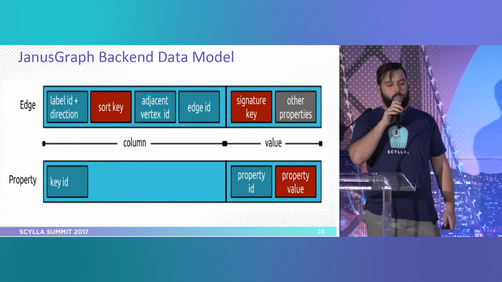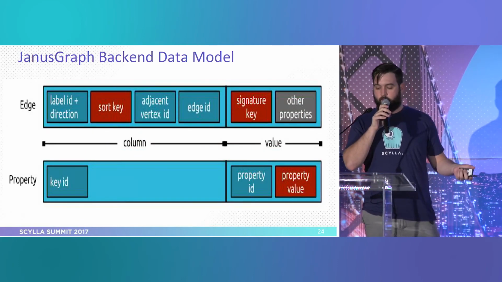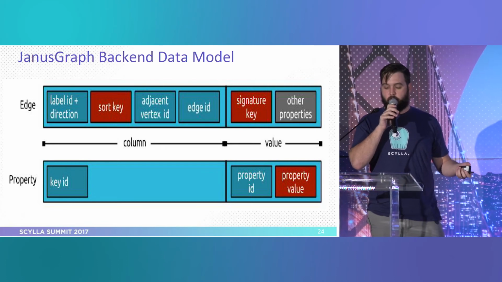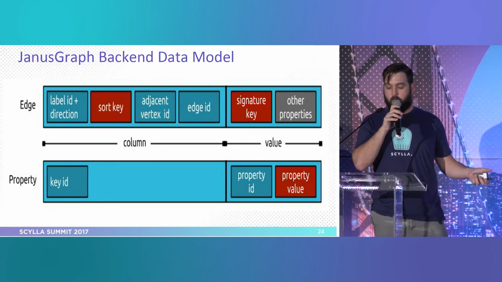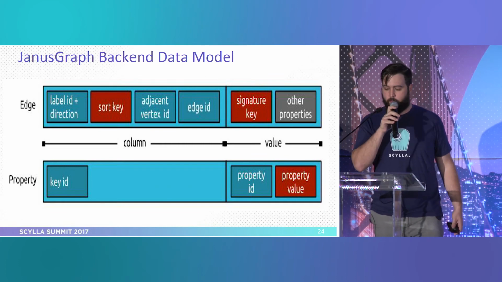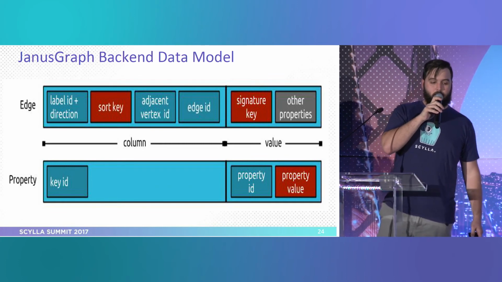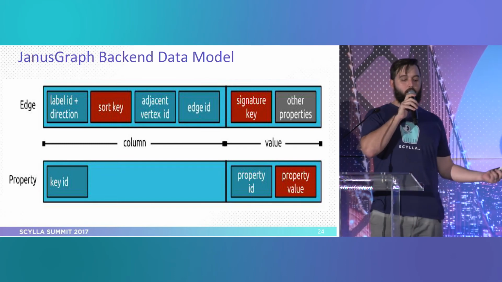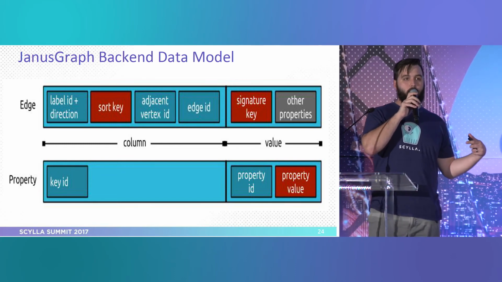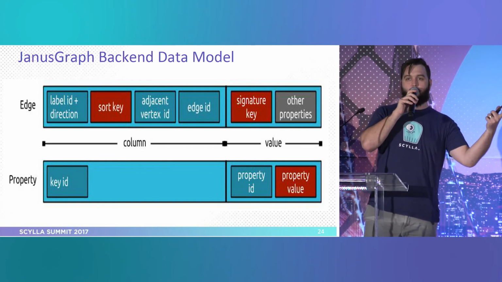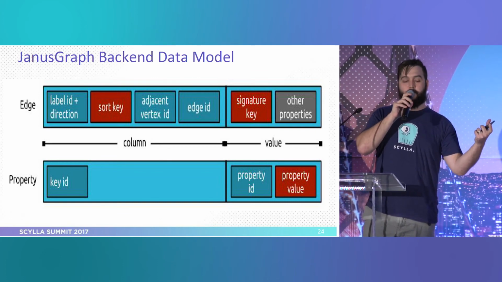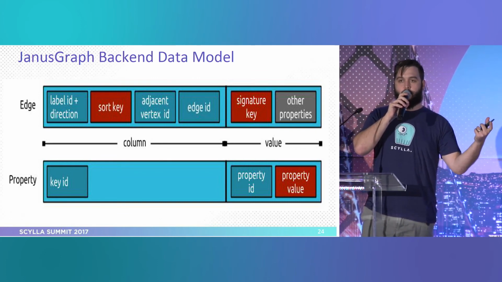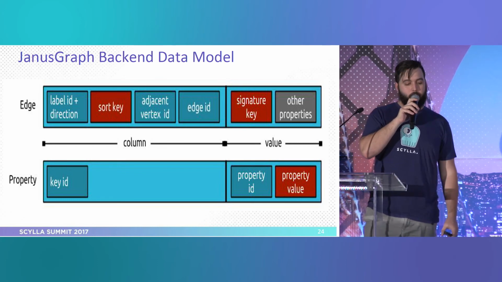This is the representation of non-first class citizens, or properties and edges. So edges are stored as shown. They have the label ID plus the direction. And that plus direction is literally just the last bit. They add an extra bit on there, 0 or 1, for in or out.